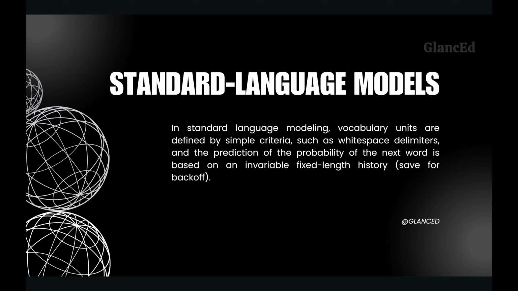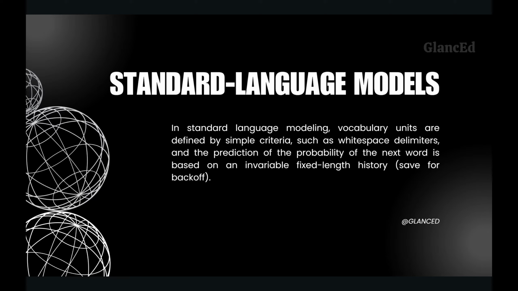So what is happening here? It is following some fixed length. It is considering only the fixed length words in order to predict the next word. So I think while considering only the fixed length words, maybe it is a disadvantage also, because what about the previous words? It can't understand how actually the words are related to each other. So there might be something missing when you follow these standard language models.